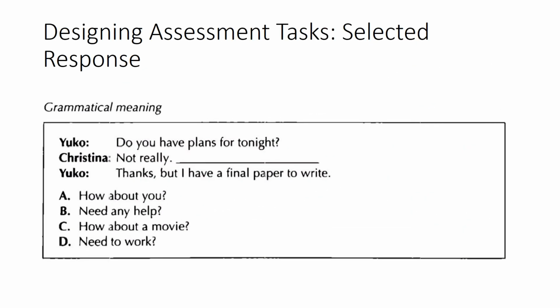You can see that this example is a multiple choice item in which the teacher has provided his students with a stem. The stem comes in the form of a conversation between Yukio and Christina. As you see, one of the sentences in this conversation is incomplete.